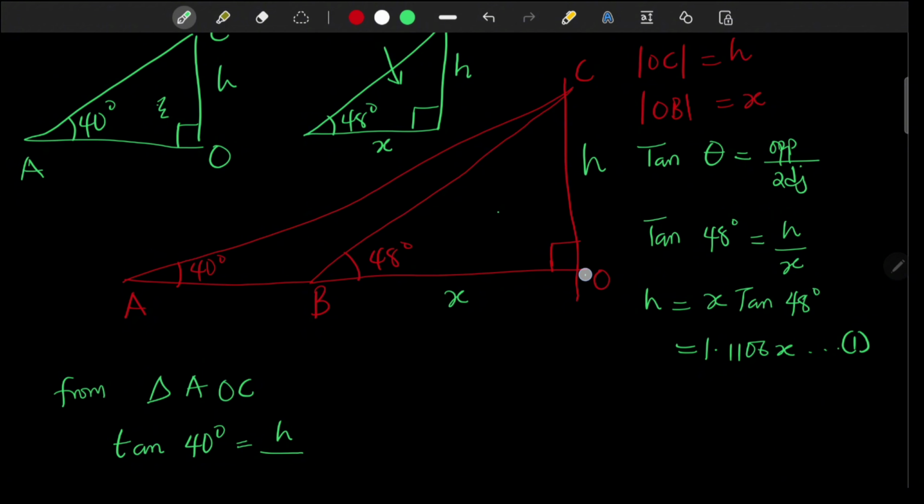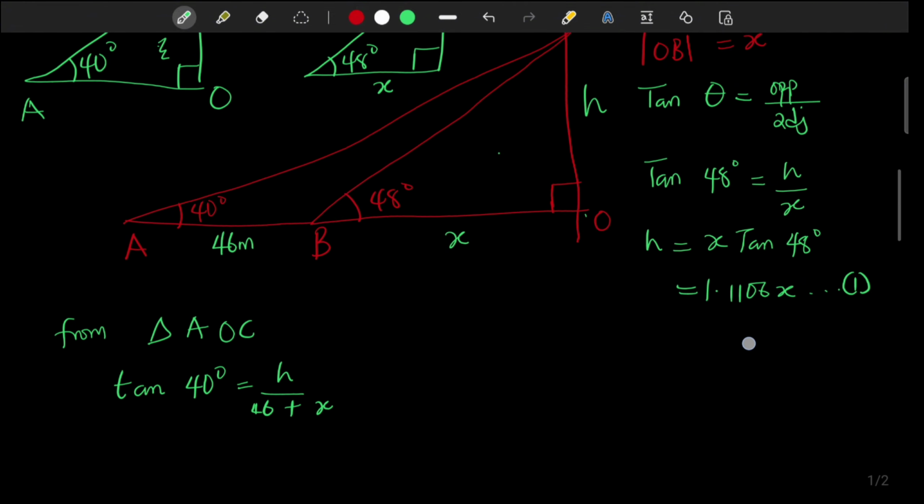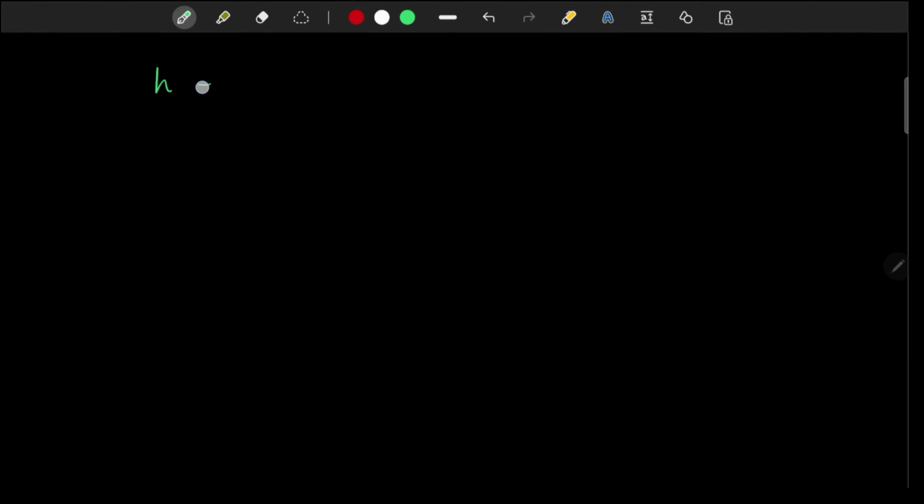So from here to here, remember this is 46 meters, 46 plus X. So if we're to make H the subject of the formula here, H will be equal to 46 plus X, tan 40 degrees.